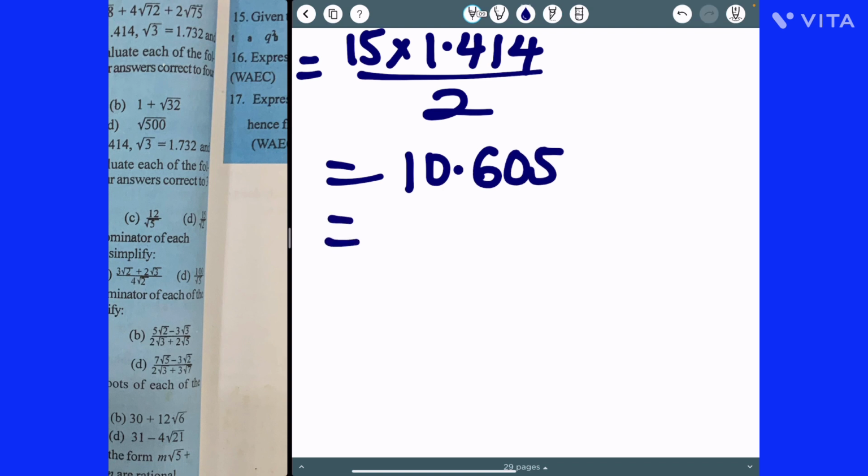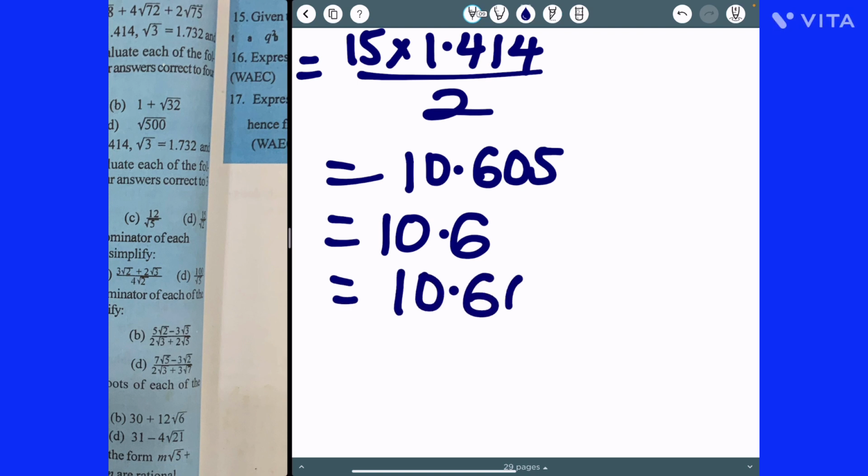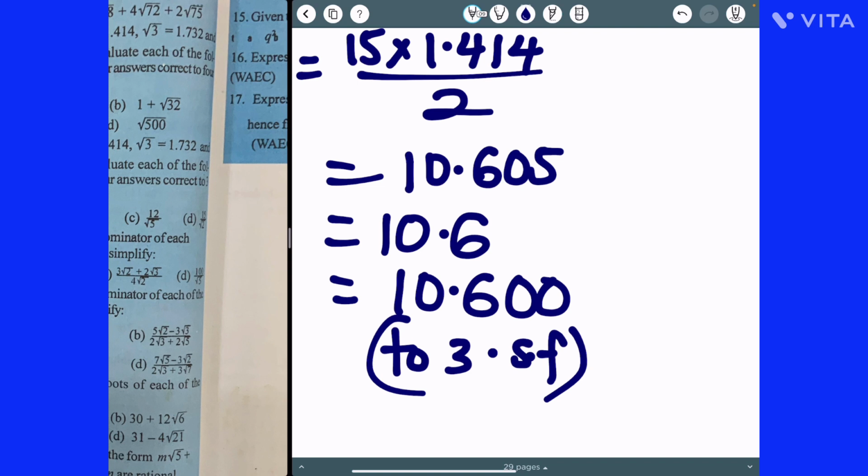To write this in 3 significant figures, I'll take 1, 0 and 6, which are all significant, and the rest will not be counted. So that's 10.6 to 3 significant figures. That's my answer.